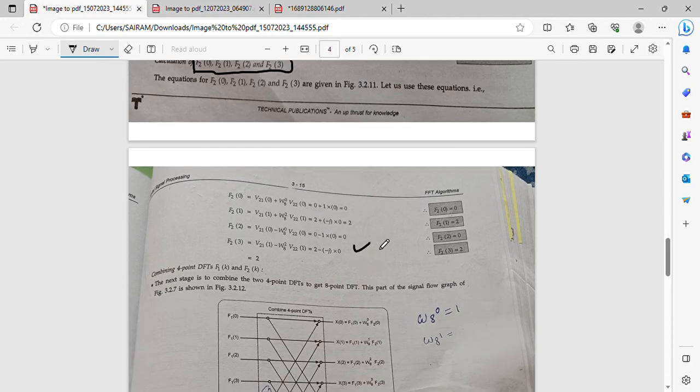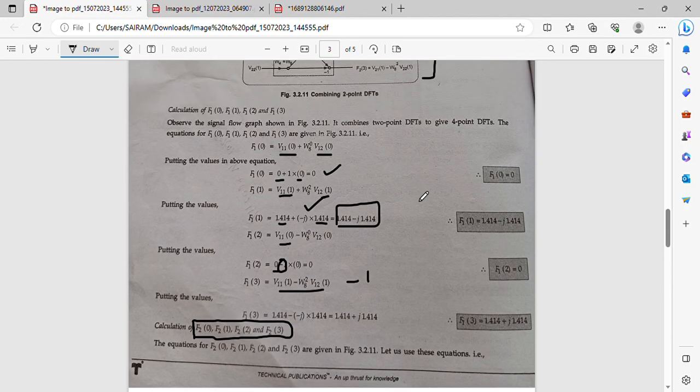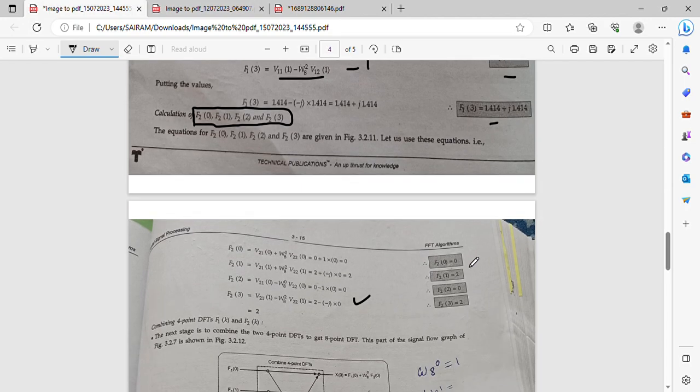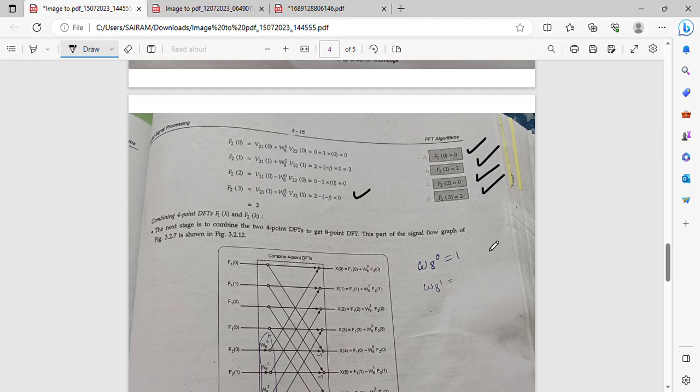So this is the resultant that he has got, and we are going to discuss the resultant. This is 0, 1.414 minus j 1.414. This is 0. This is 1.414 plus j 1.414. This is 0, 2, 0, 2, right? This is the resultant.